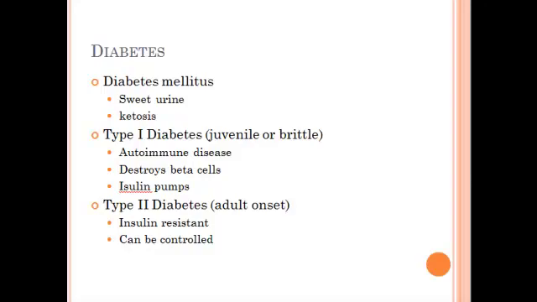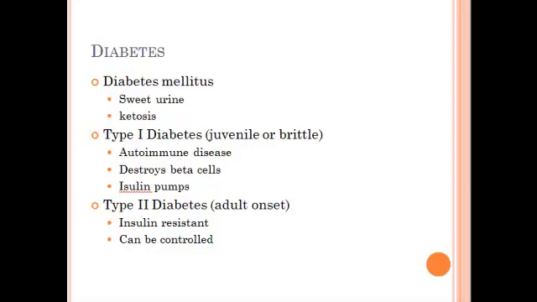Type 1 diabetes is maybe the more severe of the types, because in this case the person's body, for some reason, is destroying the cells in the pancreas. It's an autoimmune disease destroying the beta cells, so the body is no longer able to produce insulin. This leads to problems with not being able to pull glucose from the blood. Someone with type 1 diabetes is going to have insulin injections.